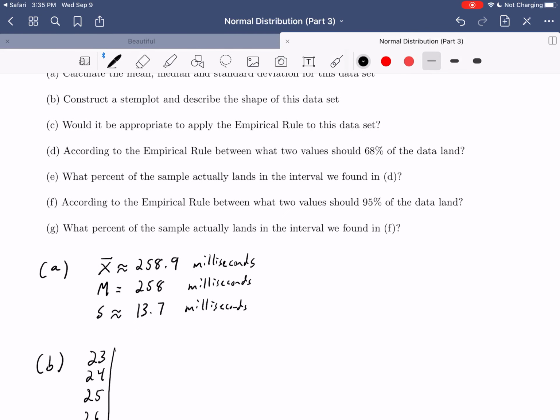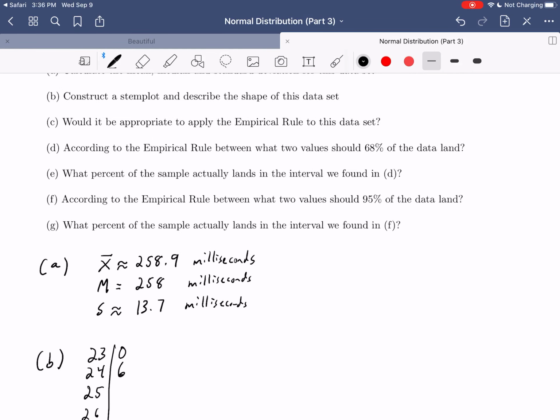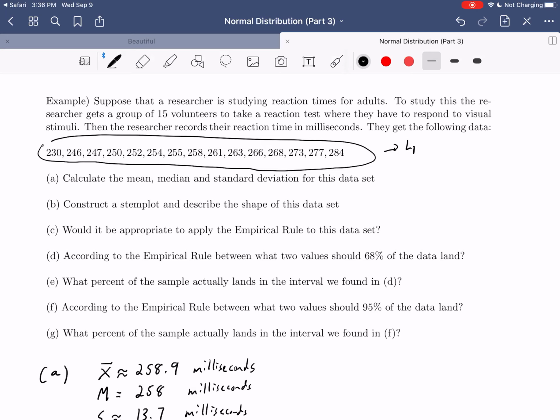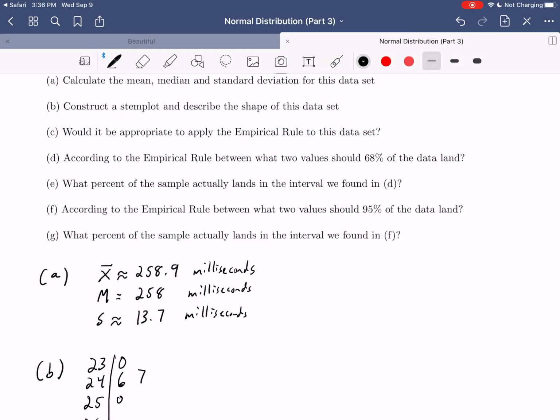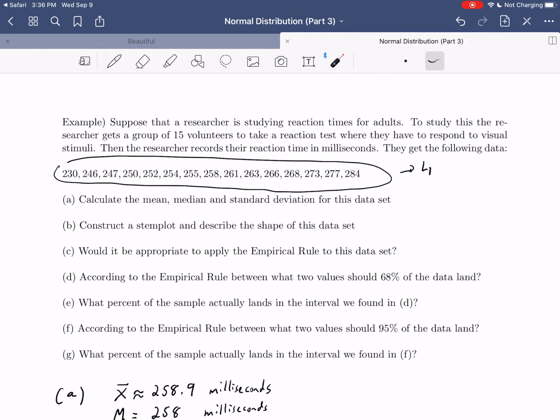Looks like for the 23, we have that 230. For the 24s, we have that 6 and 7. For the 25, we have 0, 2, 4, 5, and 8. For the 26, looks like we have 1, 3, 6, and 8.